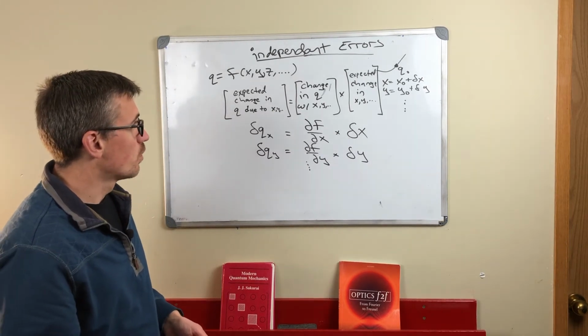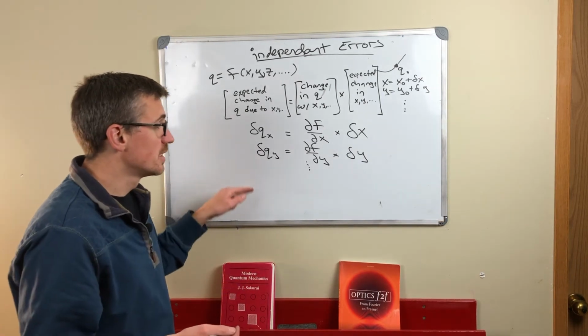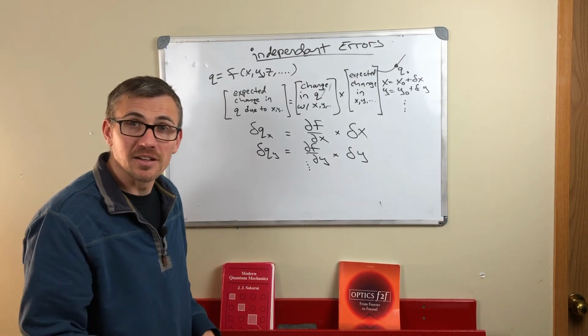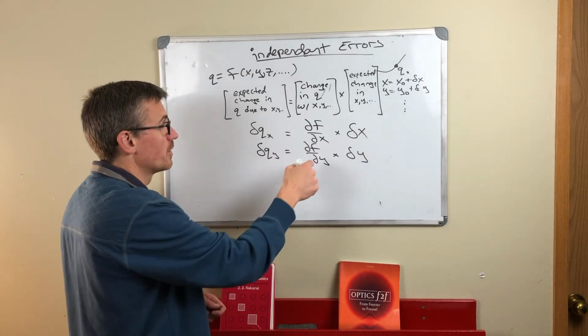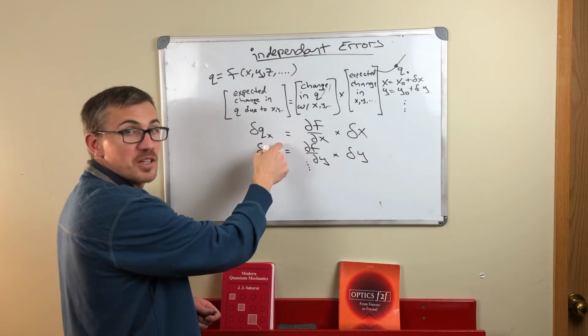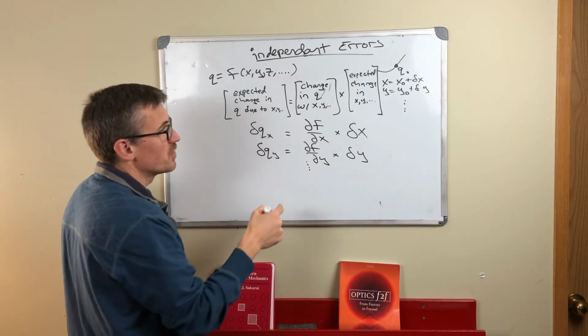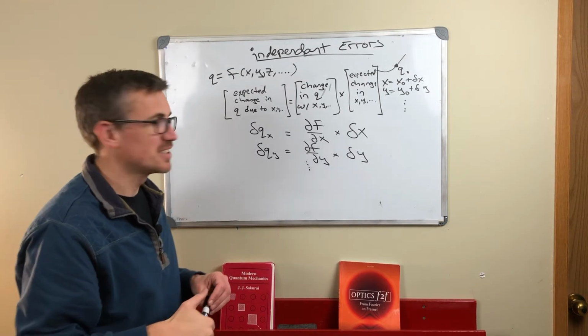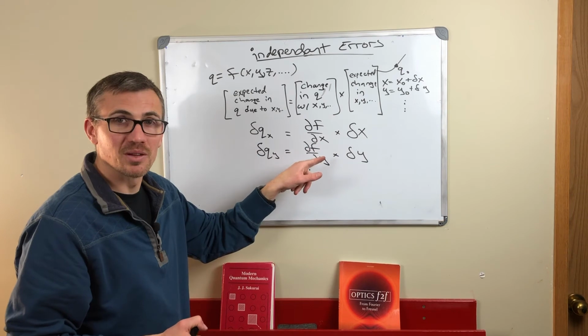So that's what we're going to get. And basically what we're going to do is we're going to assume all of these things, for now, are independent errors. So my total change, we're just going to add up all these individual errors. One thing we've done, by the way, we've kind of sneakily assumed these errors are small compared to the original value.